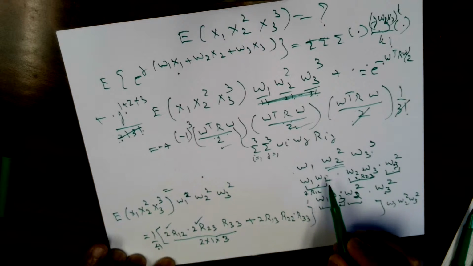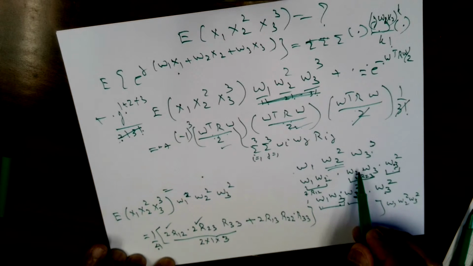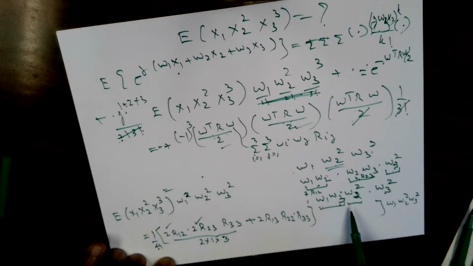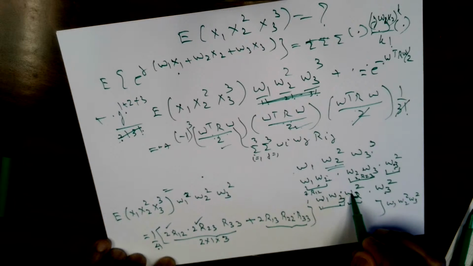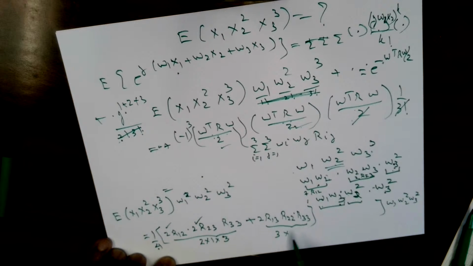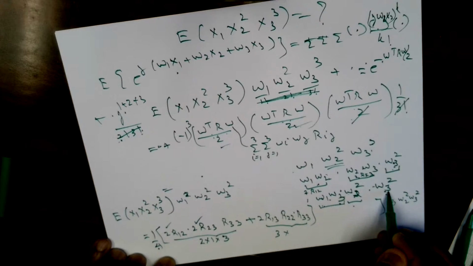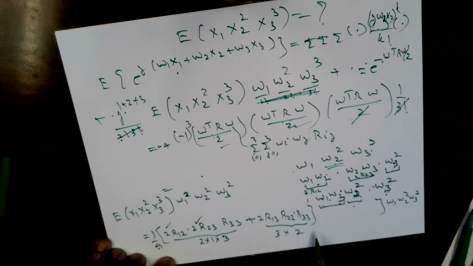Because for the first term, you can either start with this or this or this. Similarly, if you come here, you have 3 options here, and also the same story here, because you have 3 options to start with, and each option, when you go to the next one, you can either have this or this. So another 2.